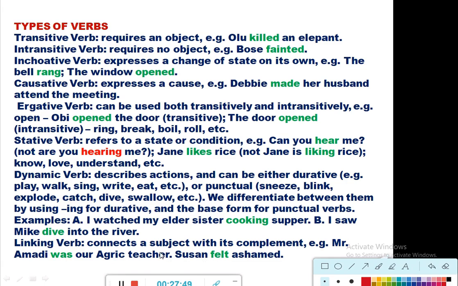And when we talk of the subject and its complement, in Amadi was our agric teacher, the subject is Amadi, our agric teacher is the complement, and this is the linking verb. You need to understand that a complement is the description of the subject, and so a linking verb couples the subject and the complement.